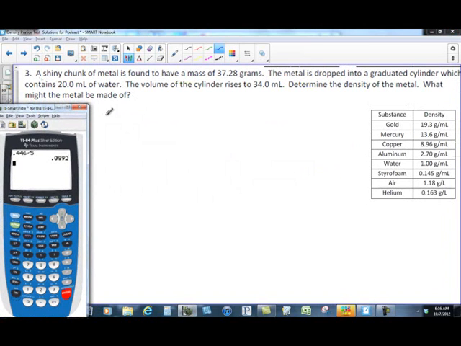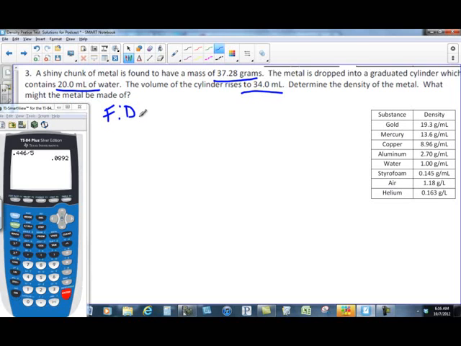Alright, a shiny chunk of metal is found to have 37.28 grams. The metal is dropped into a graduated cylinder that has 20 milliliters of water, and it rises to 34. We want to find the density, and it also says identify the metal, so we want to find the density and the identity. I'll just write ID, and we are given 37.28 grams and some volume information.